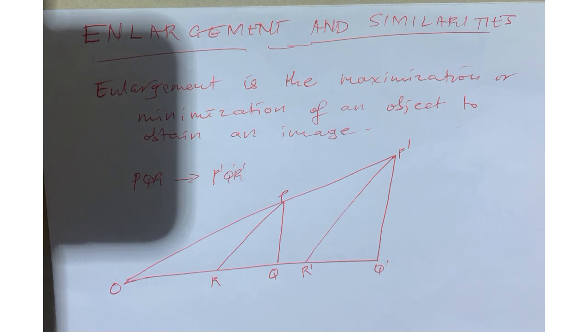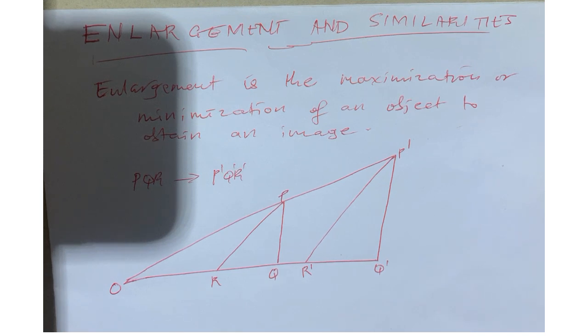Now, under the enlargement and similarities, if our shape is being transformed, say that the shape becomes bigger or smaller, then the one which was transformed to become either the bigger or the smaller is called the object. And then the new figure that is obtained after the transformation, that is what we call the image, right?